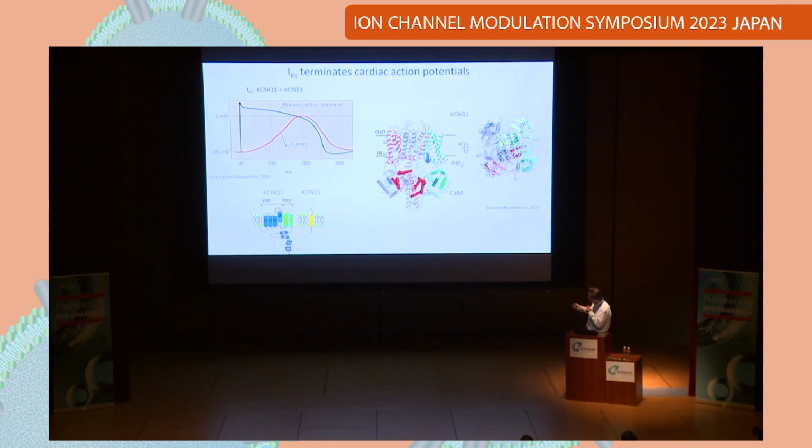But what's different from the canonical voltage-dependent channel, the KCNQ1 channel has an intracellular domain. It binds to calmodulin. So 4 subunits, each subunit will bind to 1 calmodulin. And also it binds to PIP2 in 2 places, but I'm going to talk about the 1 PIP2 that is bound in the voltage sensor domain.